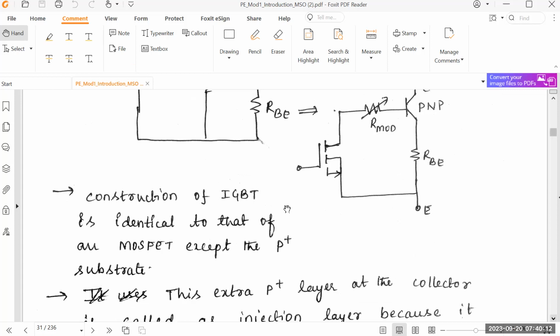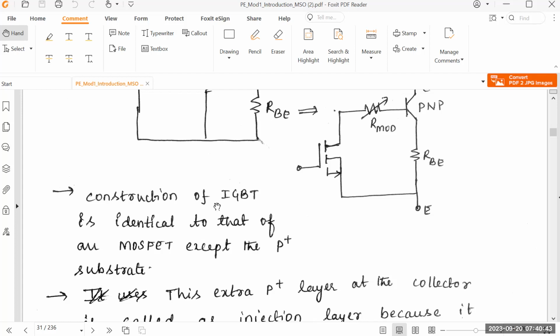The construction of the IGBT is identical to that of the MOSFET, except for the P plus substrate. Why the P plus substrate? Because in the MOSFET we have studied, when you design an N-type MOSFET, the substrate will be P type and the source and drain will be N type.